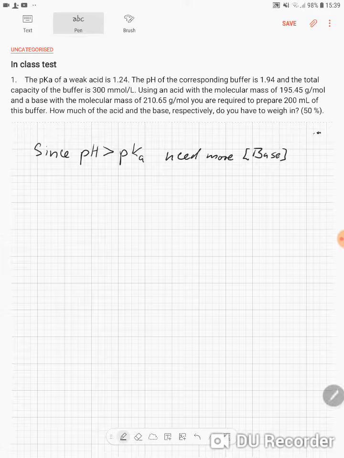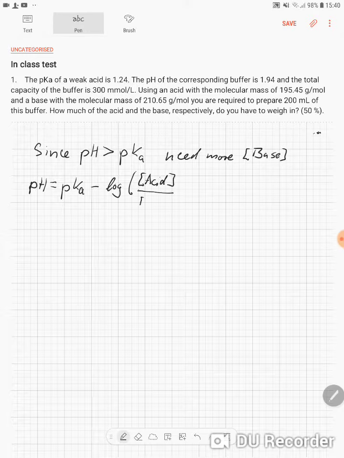So we can write the Henderson-Hasselbalch equation. pH equals pKa minus log of the acid concentration over the concentration of the base. And in the first step, we just simply calculate what our acid to base ratio is.